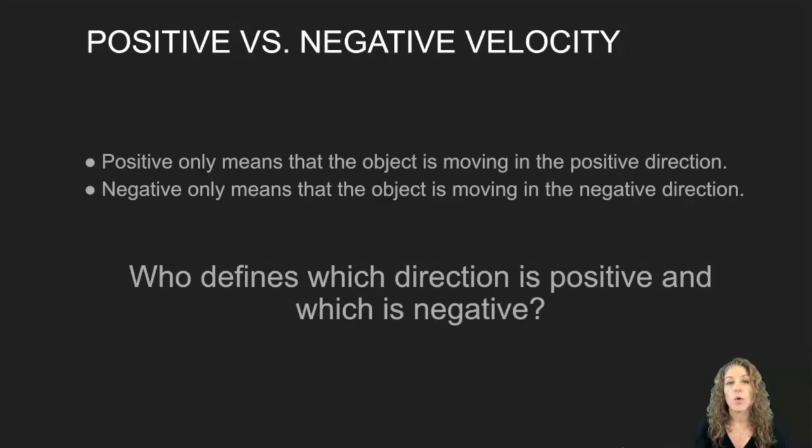These are things that we will discuss and determine ourselves. It's all relative. It's just a shorthand way of saying I'm moving in the positive direction. So we say, I have a velocity of positive 3.1 meters per second. If I say I have a velocity of negative 10 meters per second, it just means I'm moving opposite the direction I'm saying positive is. We define which way is positive.